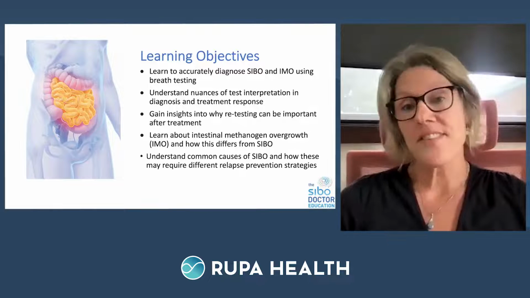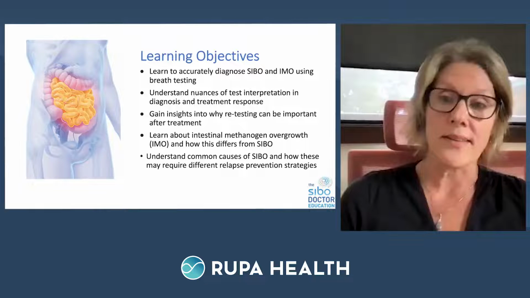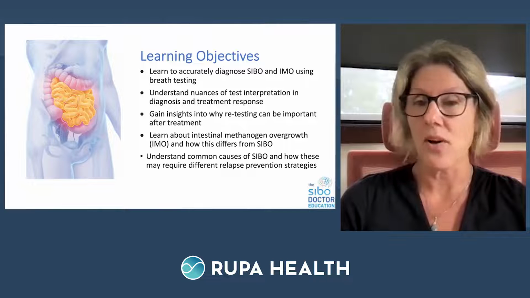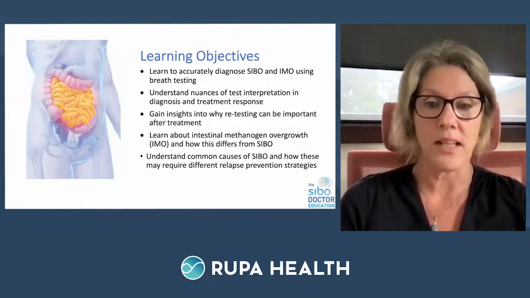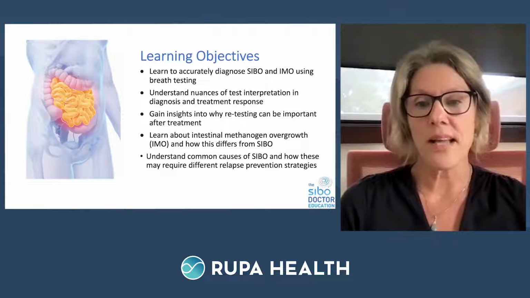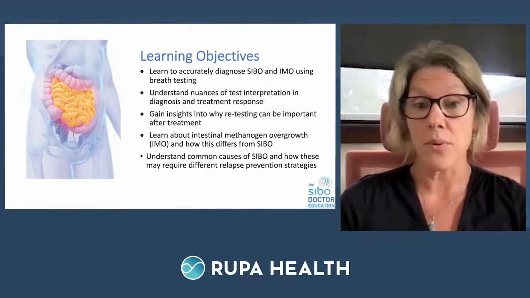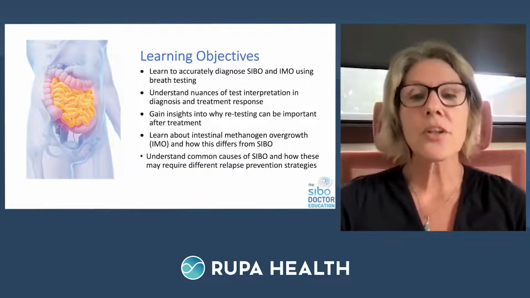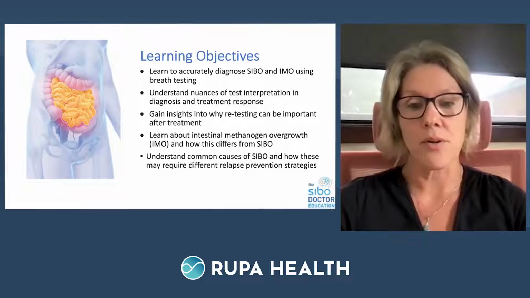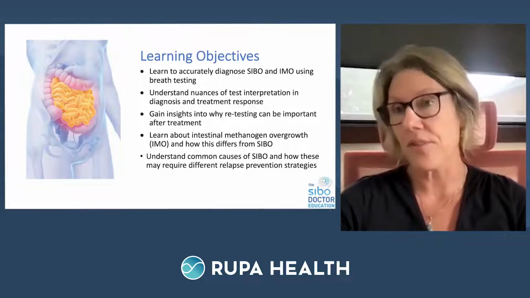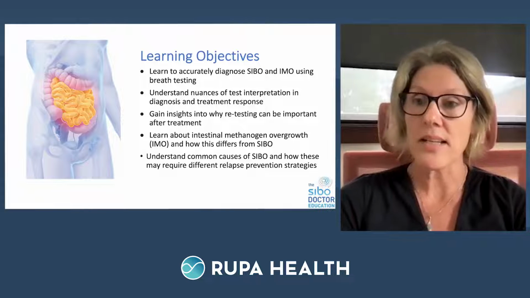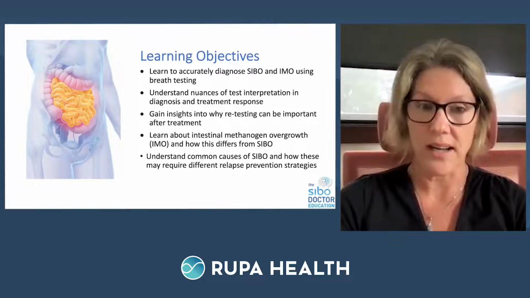Also to understand the nuances of test interpretation in diagnosis, and also how your patient is responding to the treatment you're giving them. And then also to understand why retesting can be important after treatment. I'm a big fan of that. And then learn about intestinal methanogen overgrowth, or IMO, and how this differs from SIBO. I actually think that SIBO in general is a bit overdiagnosed.